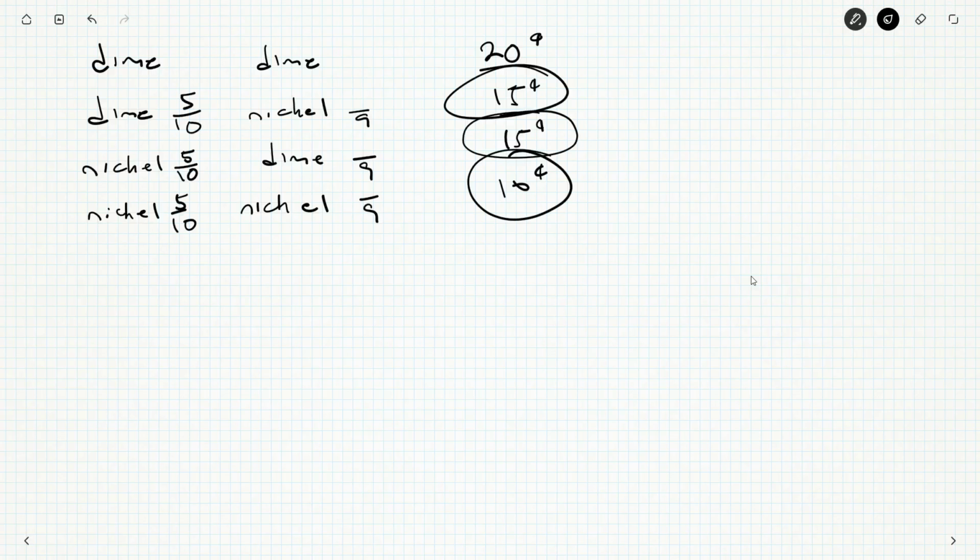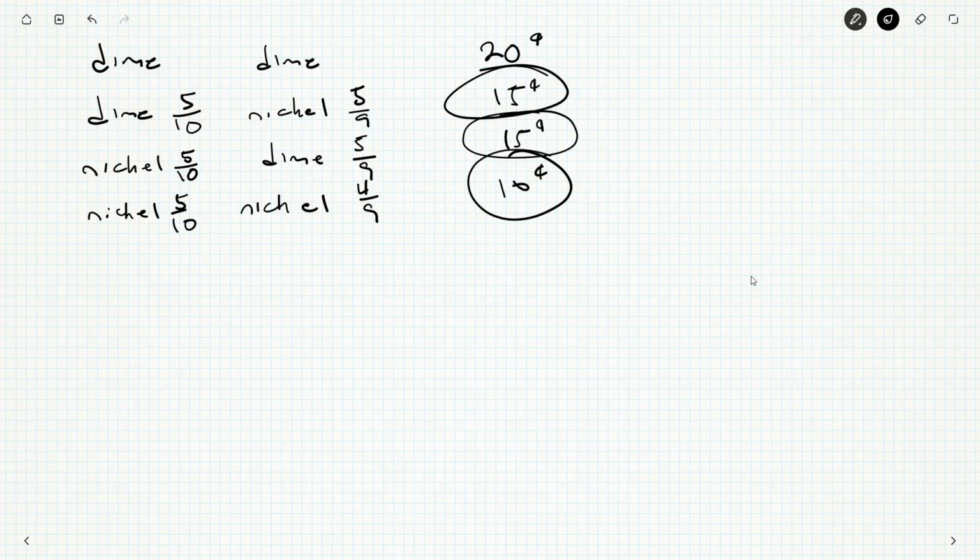If I've removed a dime, now there's 4 dimes and 5 nickels, so it's 5 out of 9 times I'll pick a nickel. If I take out a nickel, then I'm left with 5 dimes and 4 nickels, 5 out of 9 again. But if my first coin is a nickel, suddenly there's 4 nickels left, so it's 4 out of 9 that I pick a nickel.